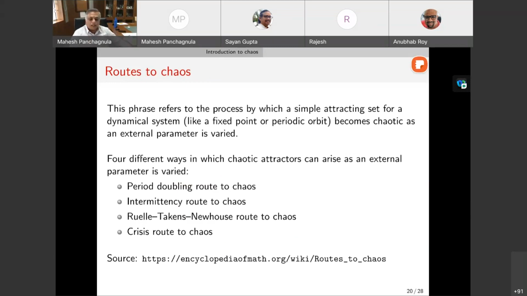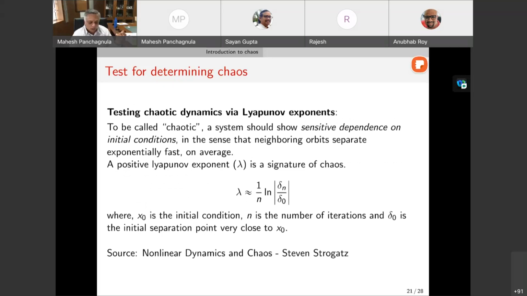Then there is the intermittency route, which is basically where you get bursts of periodic solution or bursts of chaotic solution embedded in an otherwise periodic state, and when the time span of these bursts increases, it gives rise to full-blown chaos. Then there is the RTN route to chaos and the crisis routes. I'll mention it, and those of you that are interested should read more about that.